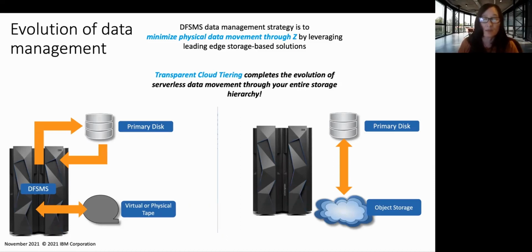Since the primary disk has to read that data off of the disk anyway, and then move it somewhere, in the old way, back through z/OS, we have evolved into just having that primary disk storage move it to your object storage for you, so that you no longer go through the z/OS and eat up those resources doing that data movement. So it's just this evolution on how we move data.